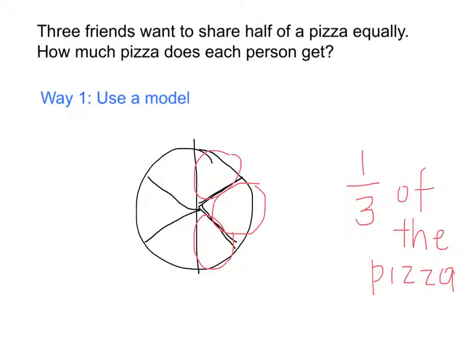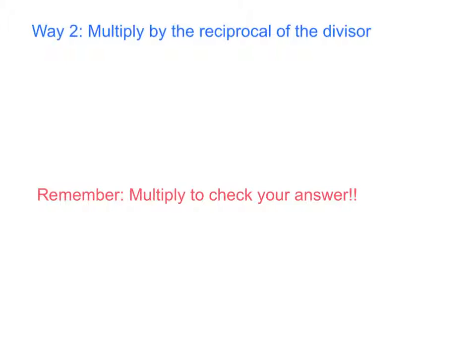Good? Okay. The second way, though, is we can multiply by the reciprocal of the divisor. So how much of the whole pizza do these three friends get to share amongst themselves? They have a half total that they can share, right? So we have half of the pizza, and we have to divide it into how many parts? 3, because 3 friends want to share it.